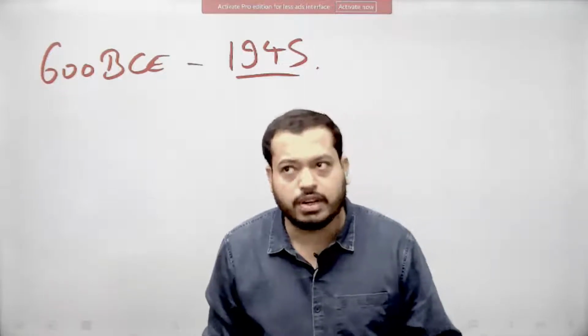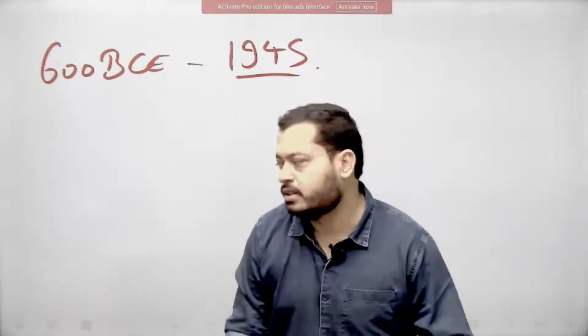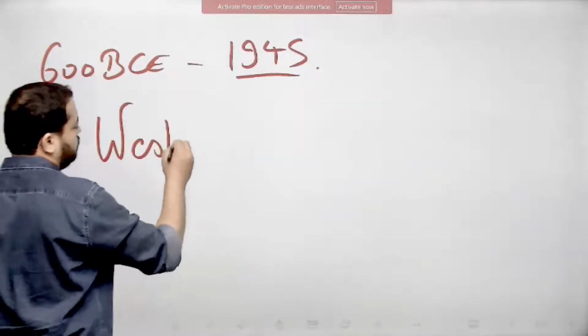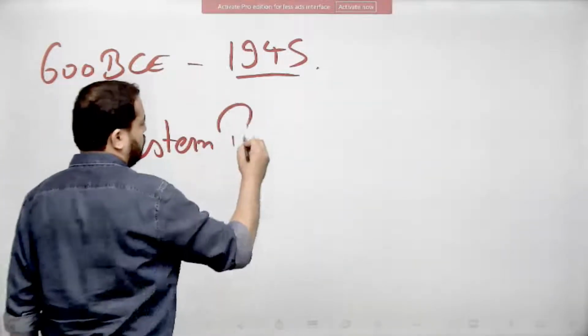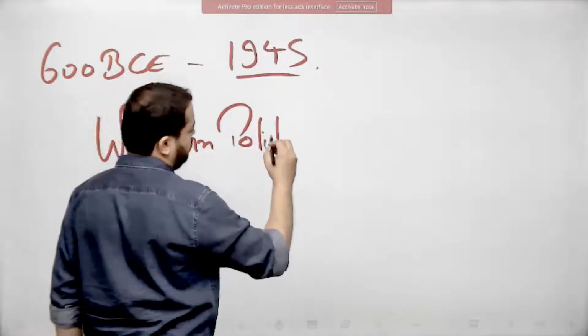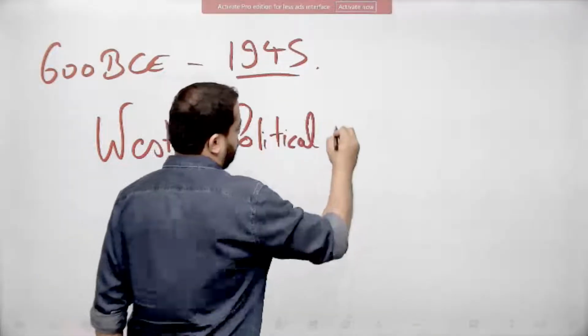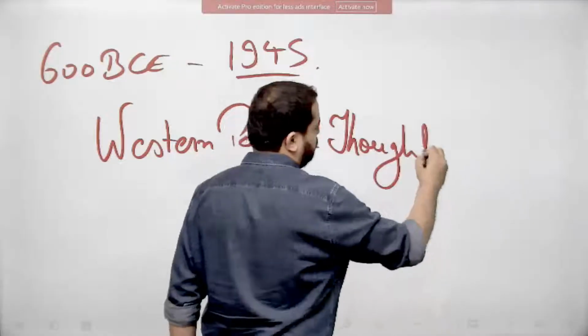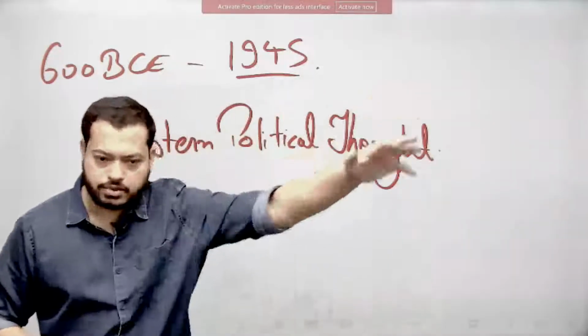Since we live in a modern society in India, we call it Western political thought, because it comes from the Western world.